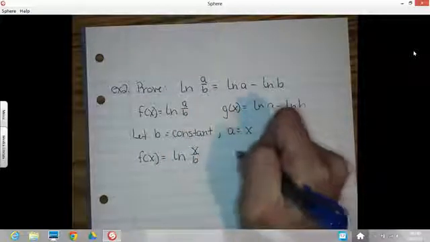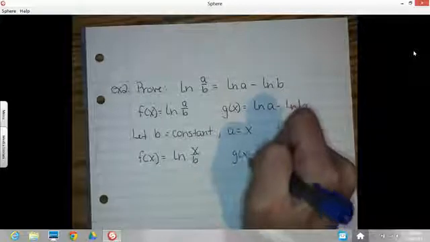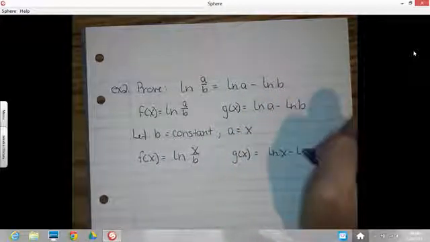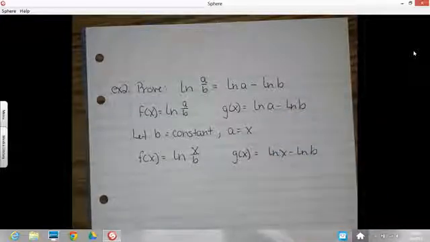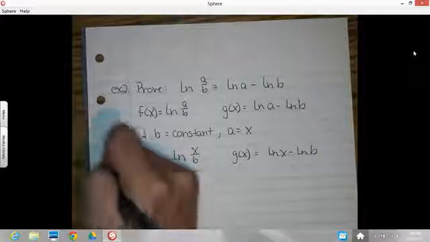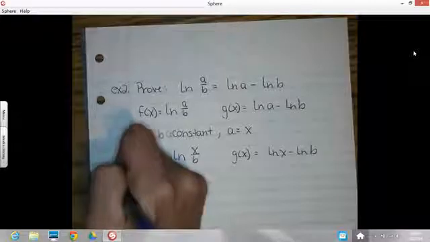And then g of x equals natural log of x minus natural log of b. Okay, here we go. First thing on uniqueness theorem, show that they have the same derivative.